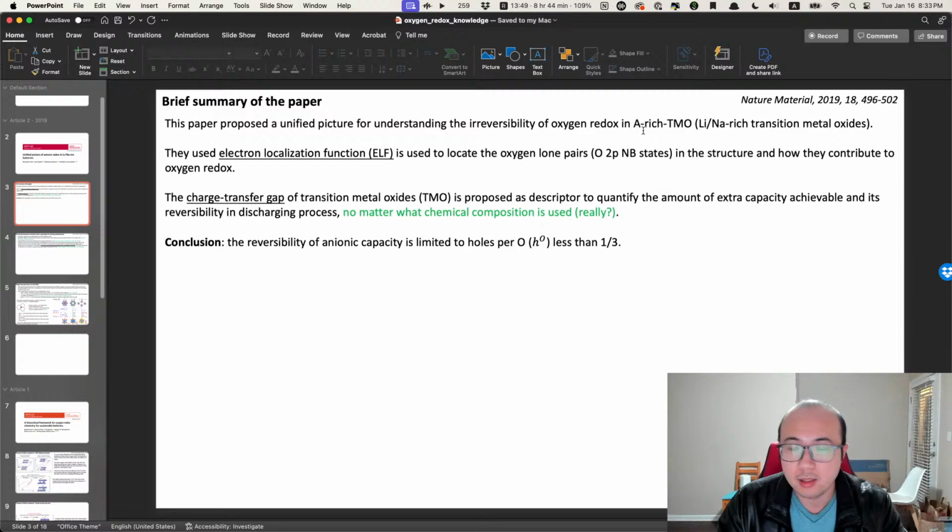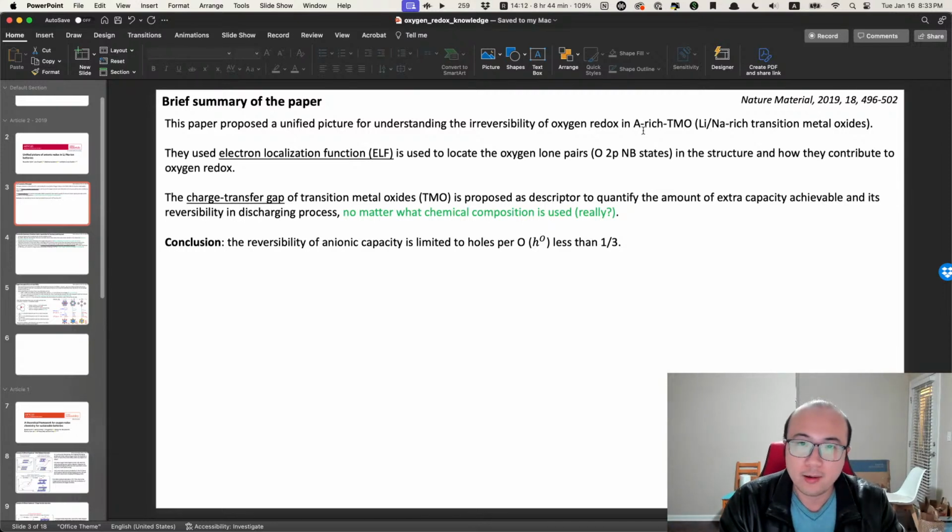So A means the alkaline metals like lithium and sodium. So lithium and sodium rich transition metal oxides. Basically, this means that transition metal oxides can be layered structures, like one layer, another layer, another layer.